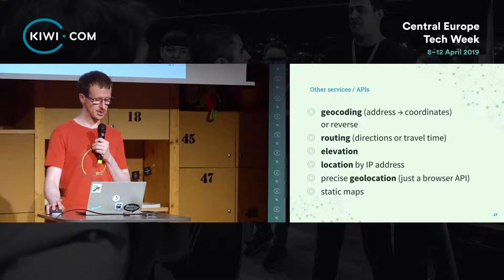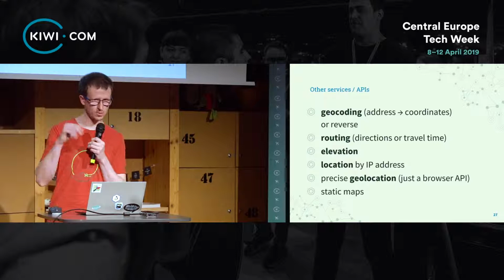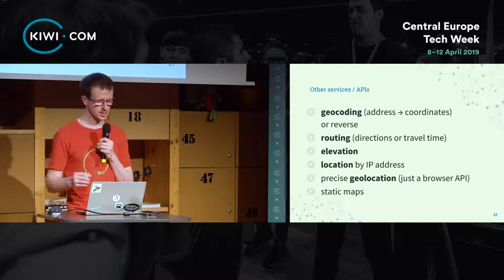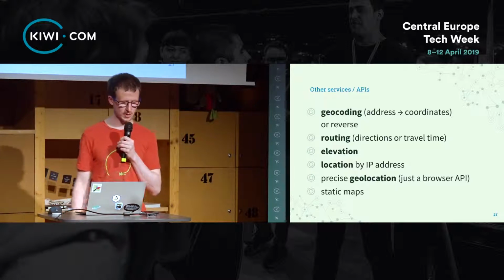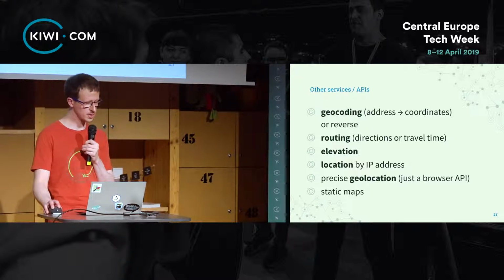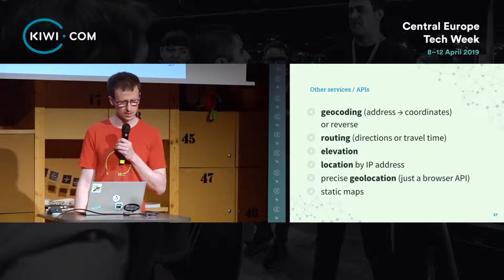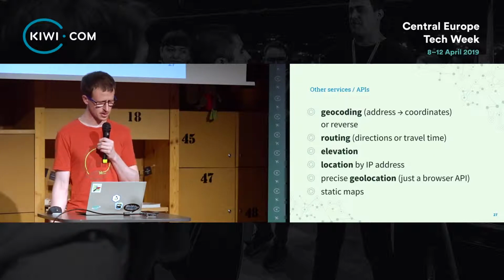Location by IP address. This is also a different service because you have to have your own database with IP addresses and their specific places. So this is usually not connected with map services, but it's useful to have. The precise geolocation is just a browser API, as we have talked about before.